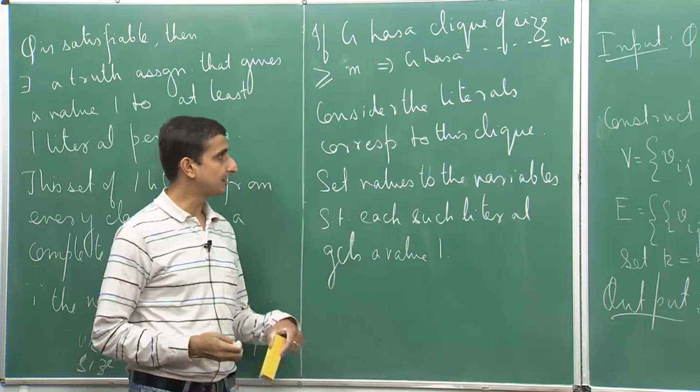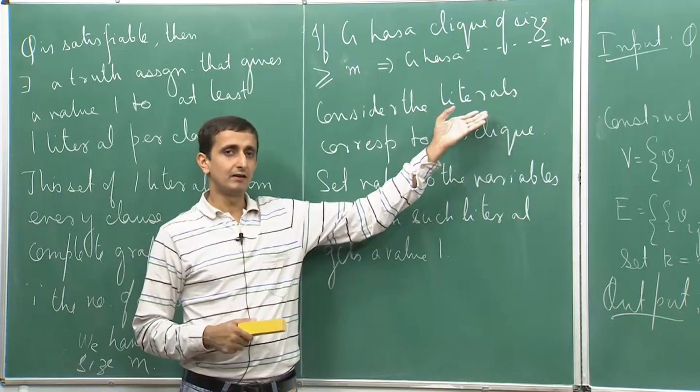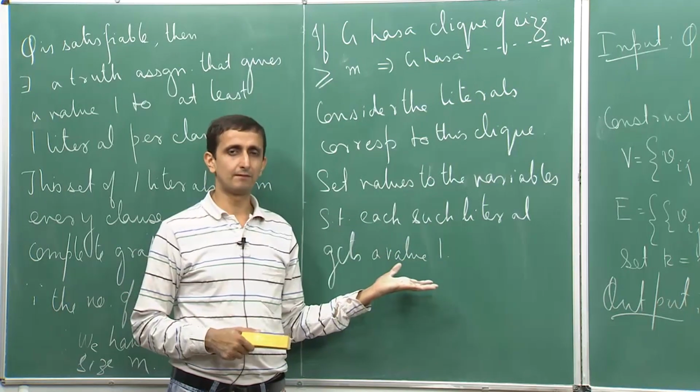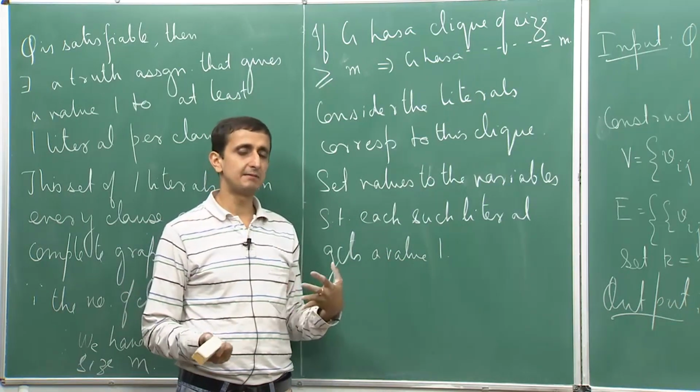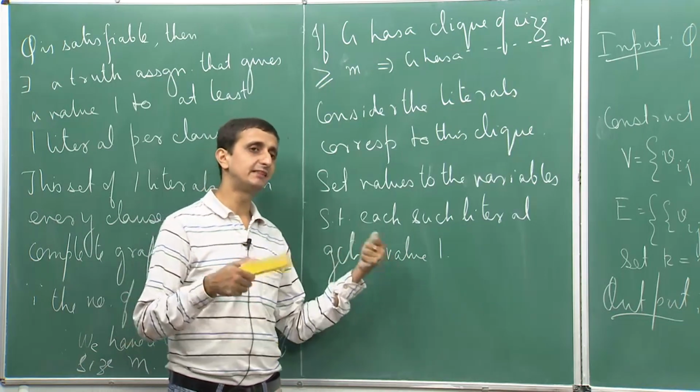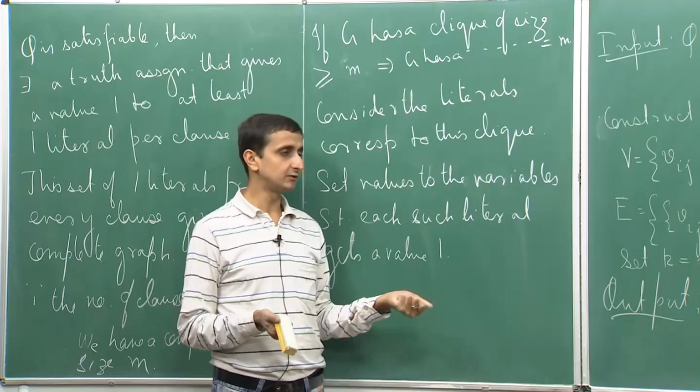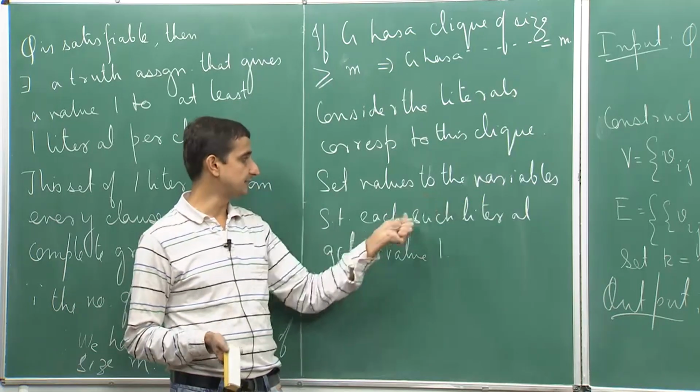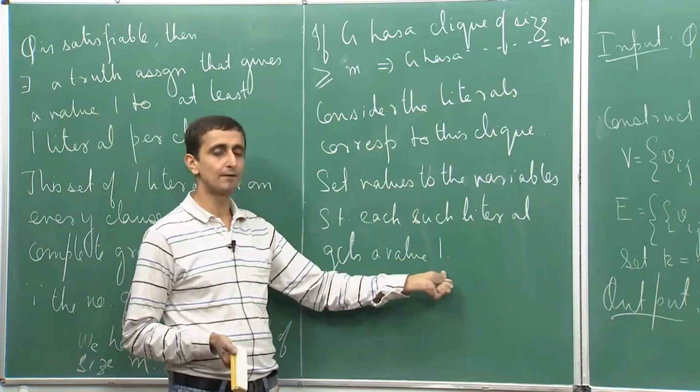For example, if I have a literal x1, then I will just set x1 equal to 1. If I have, let us say, x2 bar, then I will set x2 to be equal to 0, which would mean that x2 bar is equal to 1. So, that is what I mean by setting values to variables such that each literal gets a value 1.